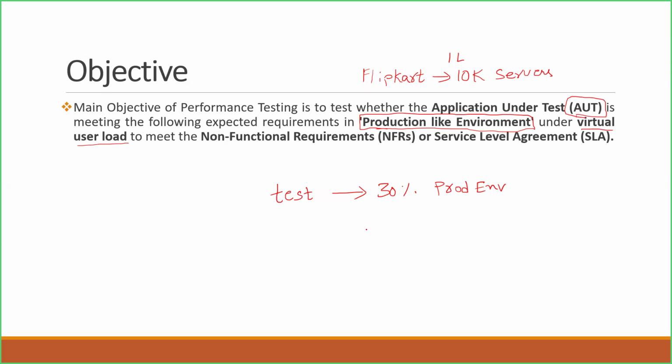We have multiple performance testing tools like JMeter, LoadRunner, and NeoLoad. These are also automation tools, but they measure the non-functional aspects.